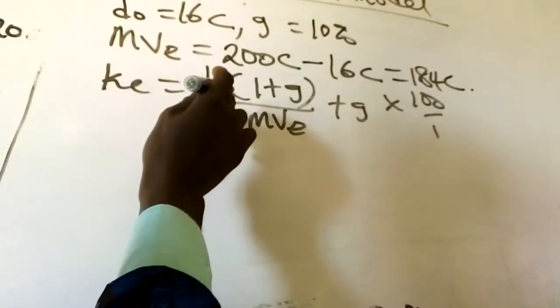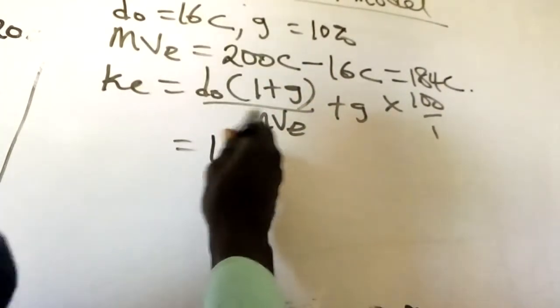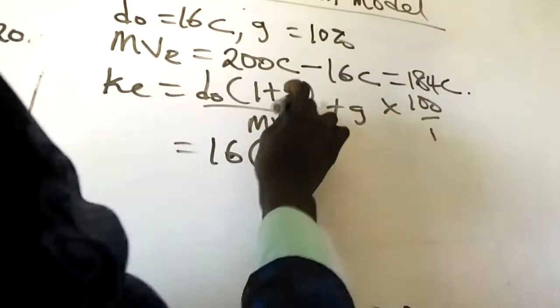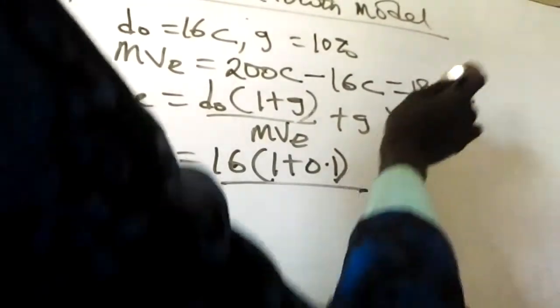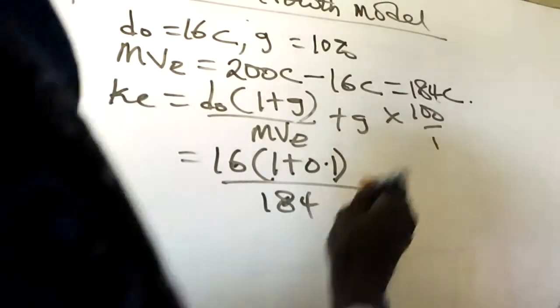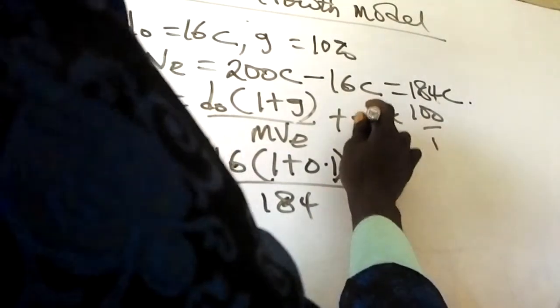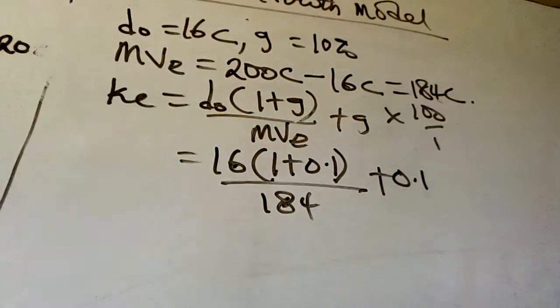Our D0 is 16 times 1 plus g. Our g is 10%, which is 0.1, over market value 184, plus g. 10 divided by 100 is 0.1.